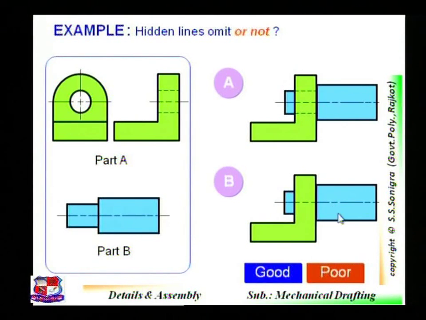Here hidden lines are omitted, here hidden lines are drawn. So here it's not needed to draw this hidden line. In this case we can omit these dotted lines or hidden lines. It's not compulsory to draw these two lines because it's obvious that the object would be there.